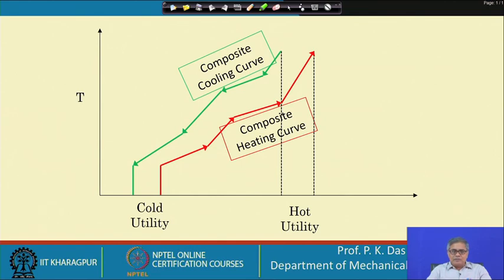Based on some assumptions we can have the heat exchanger network analysis. We basically have the number of cold streams, the number of hot streams, and the heat capacity rate of each of the streams.